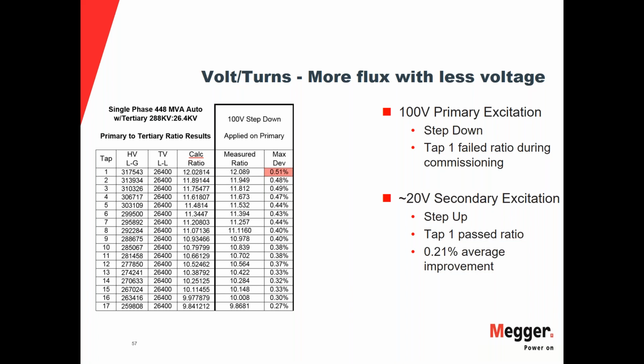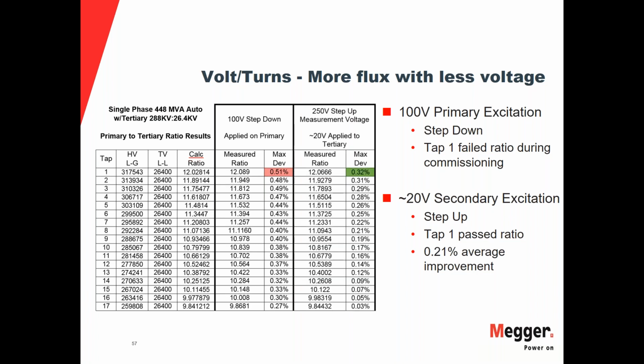So here we can see some results from a unit with a tap changer, and in the extreme of 1, which would probably be 16R, we can see that we're a little bit above that acceptable limit at 0.51%. And so what we do is then we do the test with a step up. We can see with 250 volts induced into the transformer.